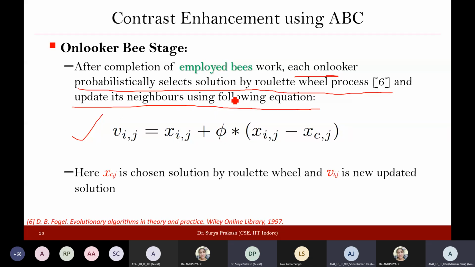This roulette wheel process, you can assume, is a kind of randomization process to select the solutions randomly. Once the employed bees have finished their work, then the role of the onlooker bees comes, and it probabilistically selects a solution and then updates its neighbors using the following equation.